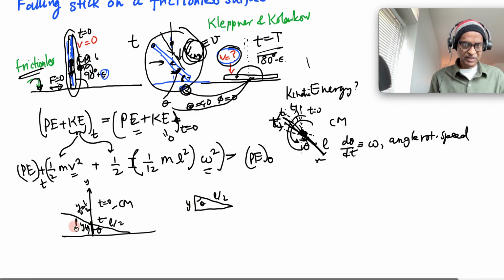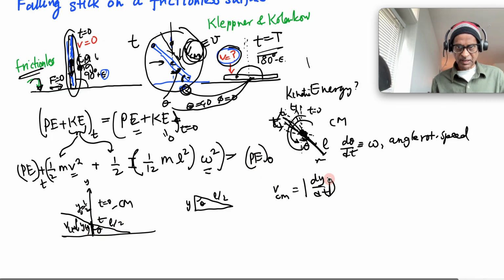So V is that way. That's the VCM. If you look at VCM, it is the absolute value of dy/dt, the y coordinate of the CM that's going, because this is the speed.